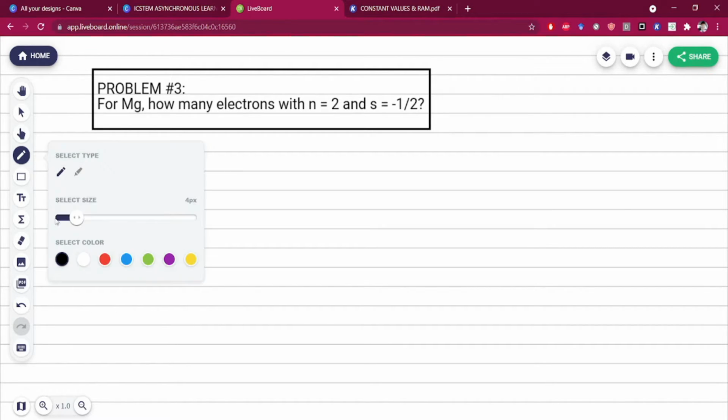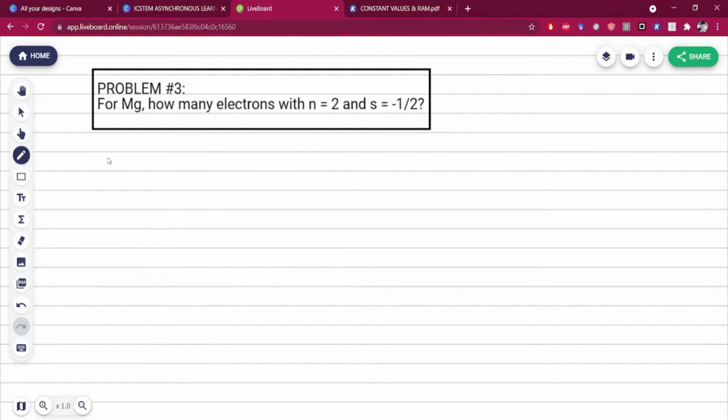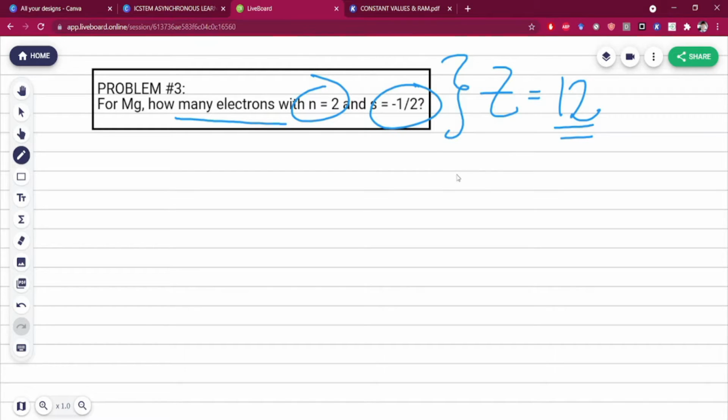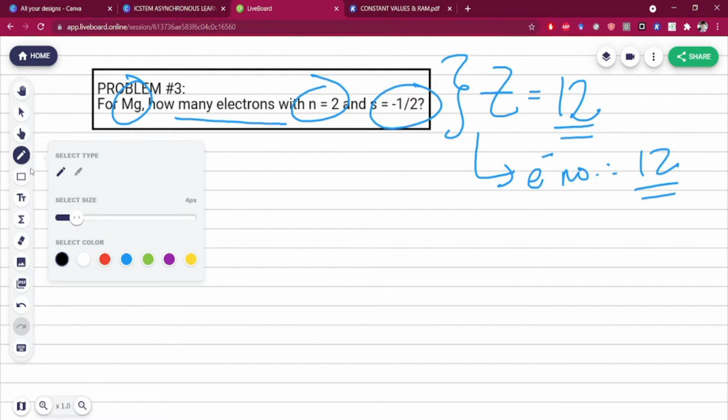But for problem number 3, you need to find out how many electrons with n equals 2 and s equals -1/2. Again, we start with the proton number for magnesium, which is 12. Therefore, the electron number would be 12 as well, because here you do not have any charge, okay?